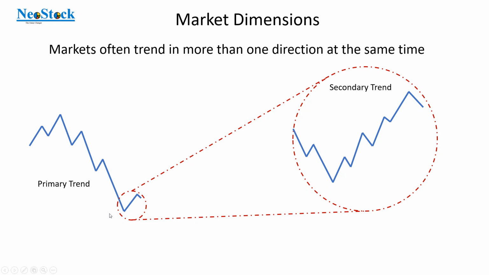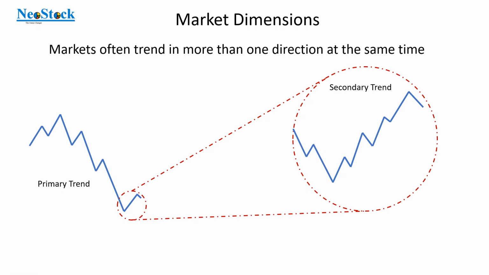So in this example, the one we are seeing is the primary trend. The zoomed area is a secondary trend. Within the zoomed area, if you zoom further, that is going to be the secondary trend, and the zoomed area we are currently calling secondary then becomes the primary trend.